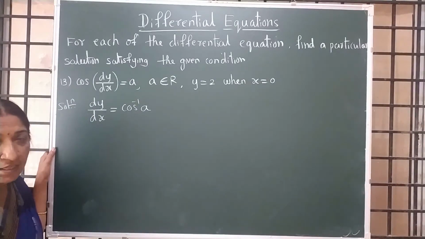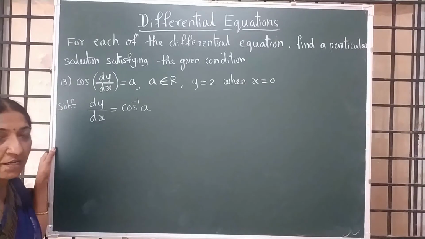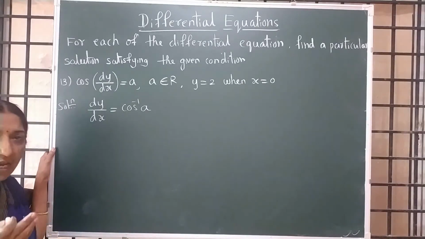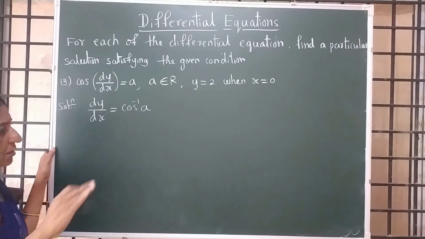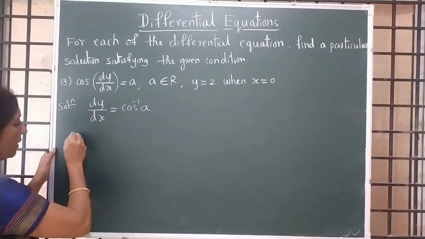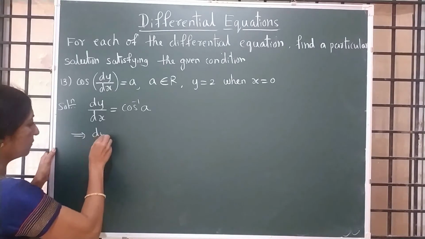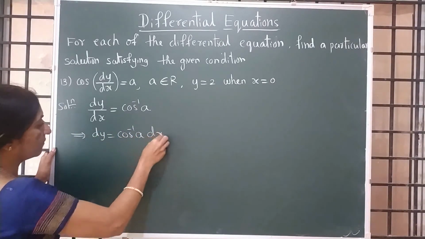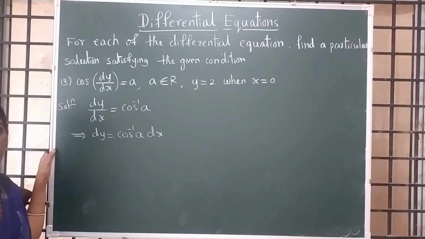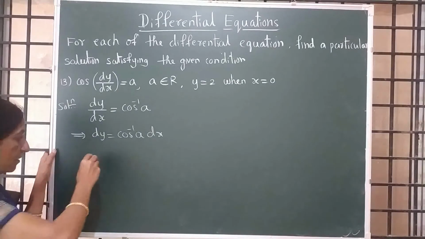A constant. Why? There is no x or y. It is a constant, so you can write that with either dy or dx. There is no change. I just did the cross multiplication. See, the variables are separated because cos inverse a, anyhow, is a constant.